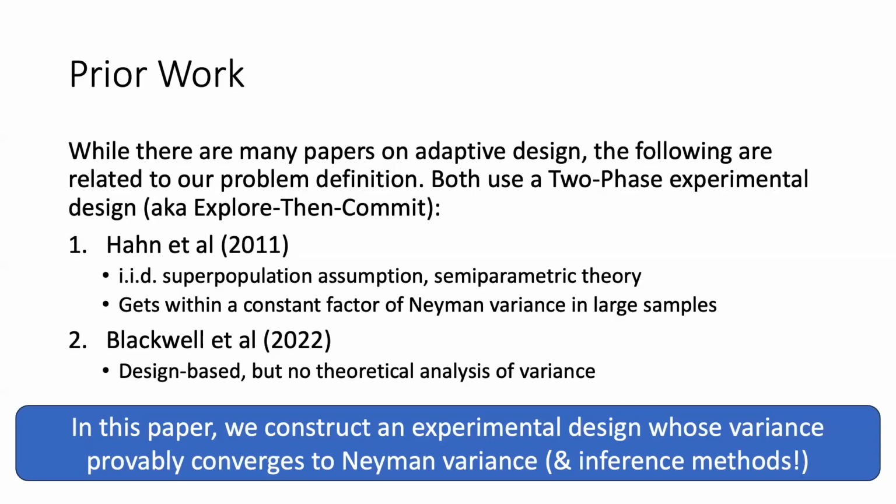Are there any questions about what that contribution is, or what the Neyman variance is, or what it means to be getting close to it? Yes. That's a great question. I say that for almost the last slide. We're not going to assume anything about the order in which units arrive. We will have some conditions that say outcomes can't be growing too large. They can't be all 0.